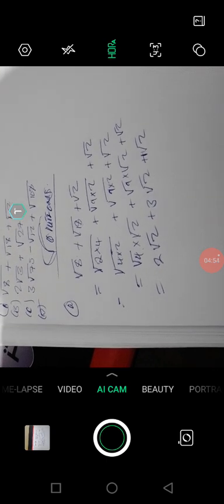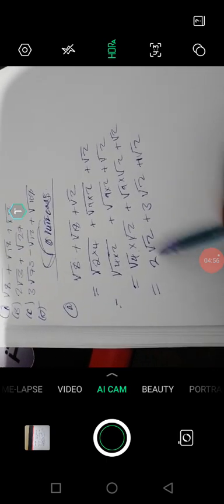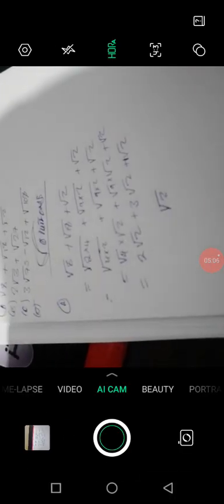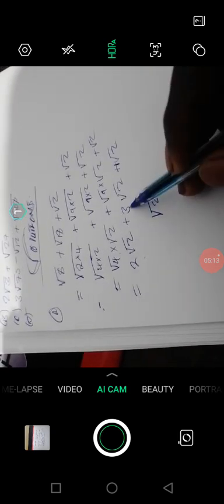Okay, so here we go. Let me take just one root, which is root 2. We only keep one root, then the numbers outside the root you can add, since the roots are one and the same. So 2 plus 3 plus 1.